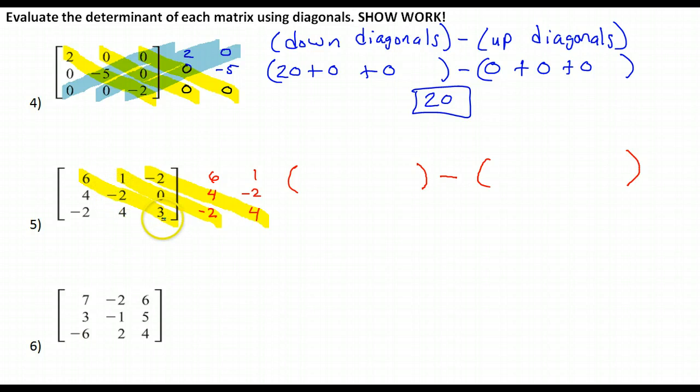So I've got -6 times +6, so that's going to be -36. 6 times 6 is 36. The second one, I see that 0 is in there, so that's just going to be 0. The third one, I've got -2 times 4, so that's -8. -8 times 4 is -32. Okay, so that's my 3 down diagonals.